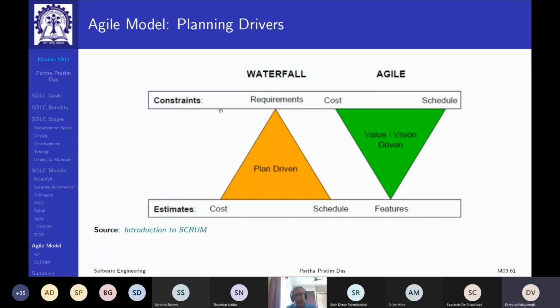In waterfall, the constraint is a requirement, and you have cost and schedule estimate. Schedule is time. So this is driven by the plan. Whereas in Agile, the constraints are cost and schedule, and the driver is value or vision for the features. Features is scope, right? So that's the basic difference.